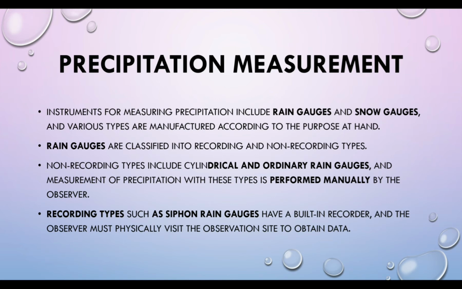Recording types such as siphon rain gauges have a built-in recorder, and the observer must physically visit the observation site to obtain data. As rain gauges measure the volume or weight of precipitation collected in a vessel with a fixed orifice diameter, the size of the orifice needs to be standardized.